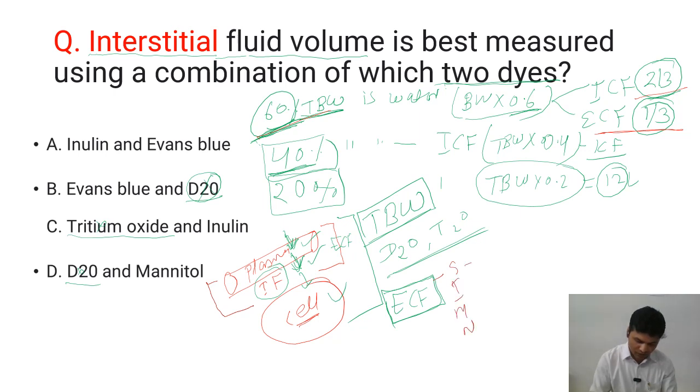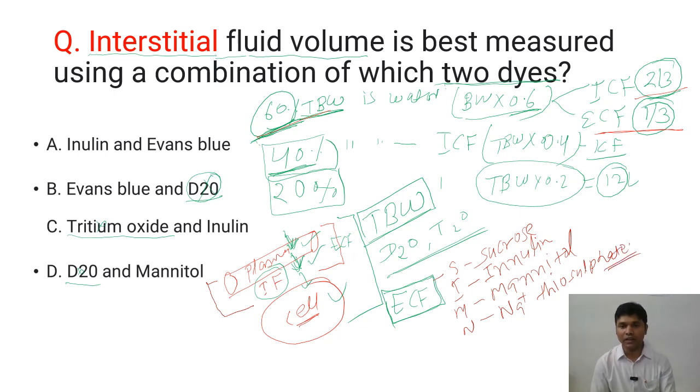S for sucrose, I for inulin, M for mannitol, and N for sodium thiosulfate. So these are the dyes we can use to calculate extracellular fluid volume.